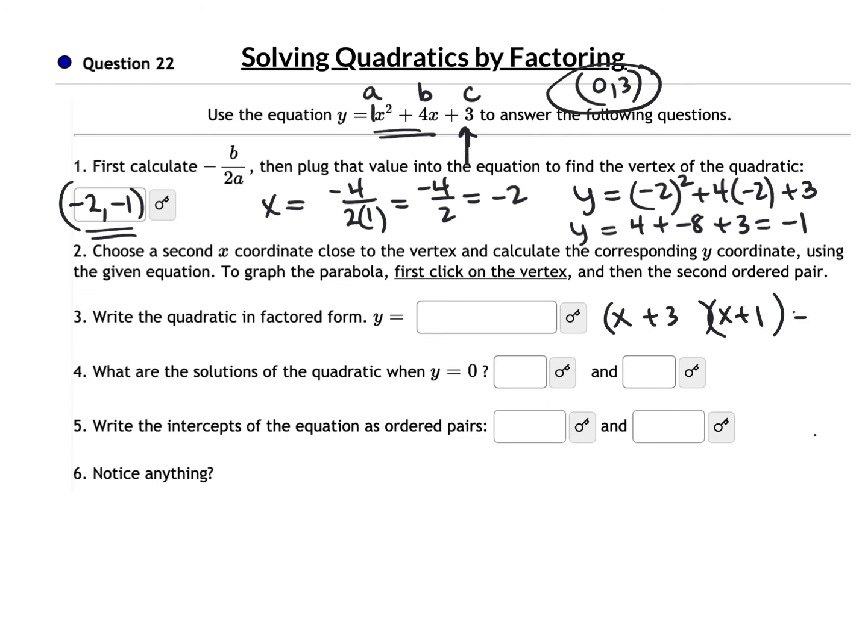What are the solutions when y is 0? They are -3 because -3 plus 3 is 0, and -1 because -1 plus 1 is 0. Y is 0, so the ordered pairs would be -3, 0, and -1, 0.